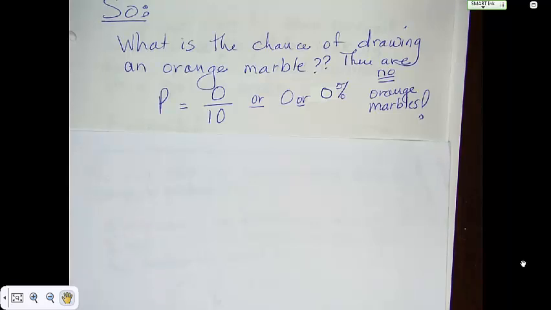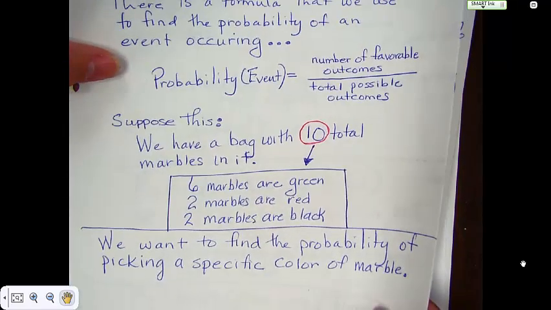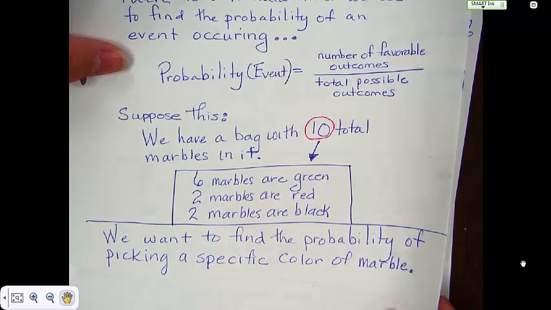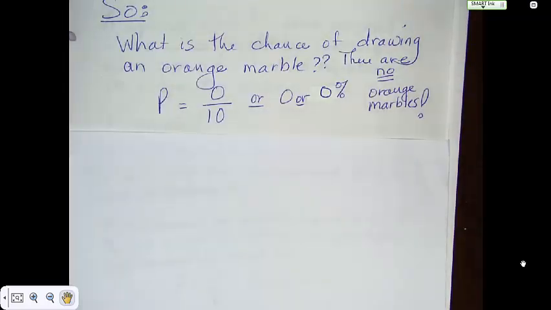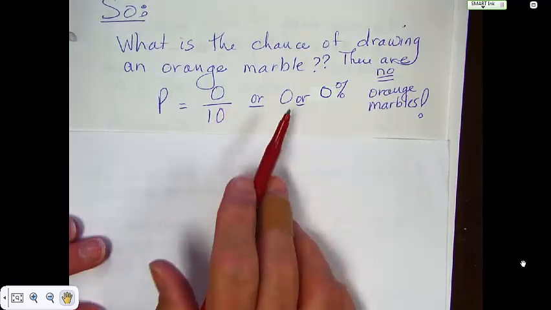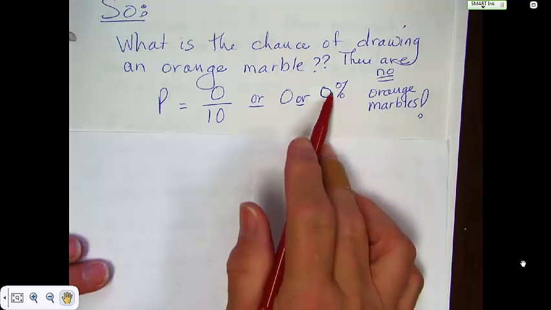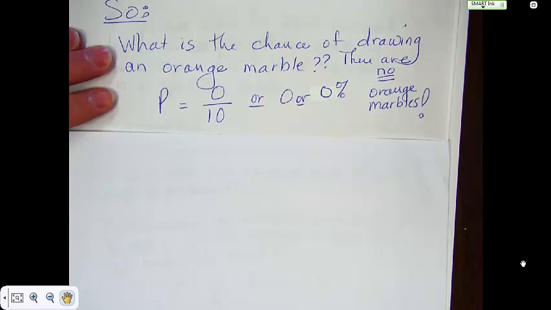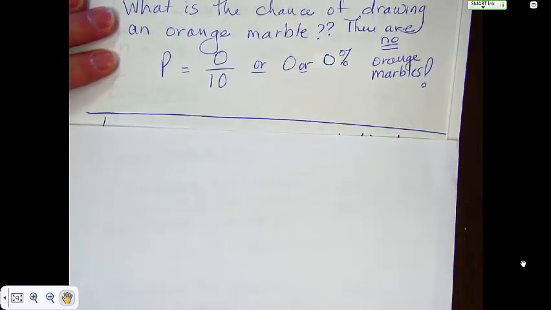Well, if you go back to our notes, the colors we had in the bag were green, red, and black. Do you see orange written there? I don't see orange written there. So therefore the probability of getting orange is 0 out of 10, or 0, or 0%, because there are no orange marbles in the bag. So that's one time when you're going to have a 0%.